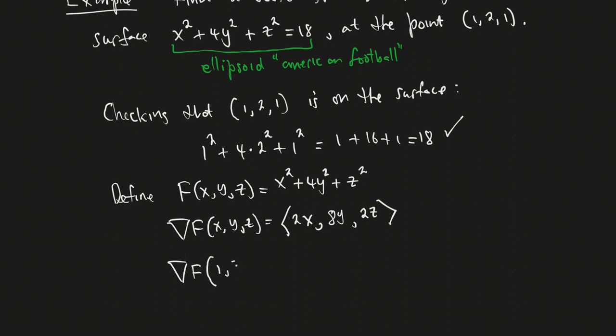So at 1, 2, 1, we end up with the vector, so double the x, so 2 times 1 is 2. Multiply the y by 8, so that's 16. And then again, double the z, so we got 2, right?